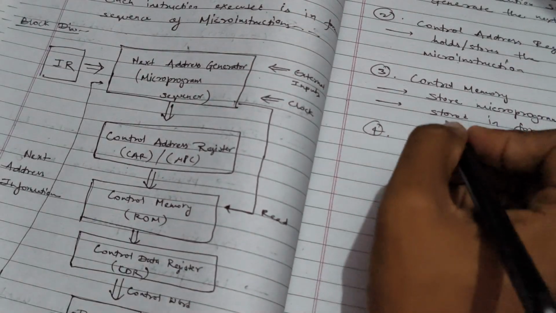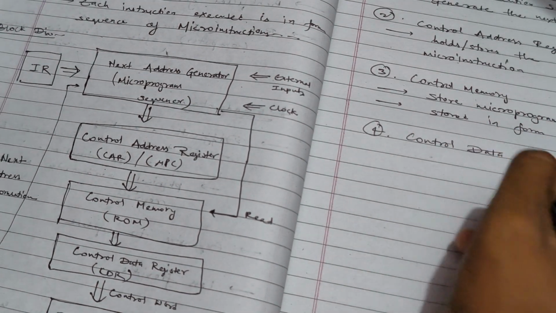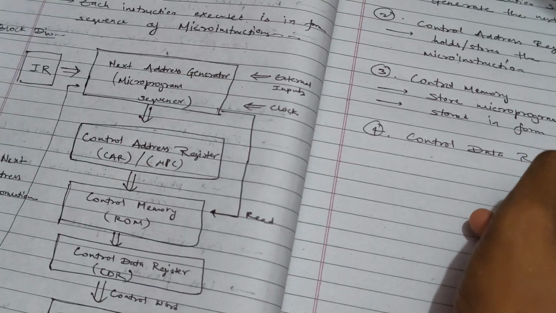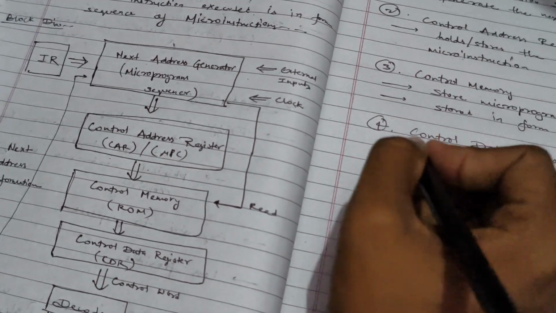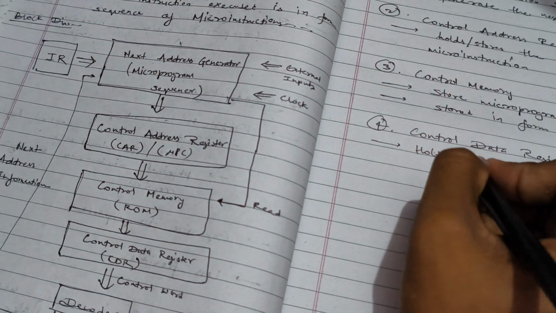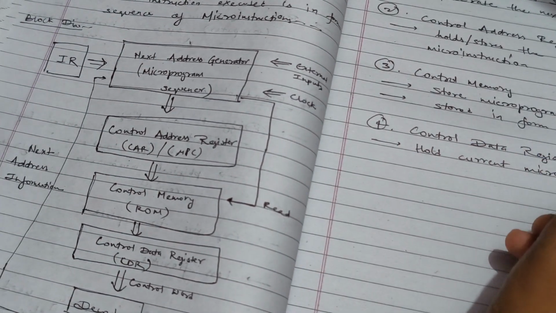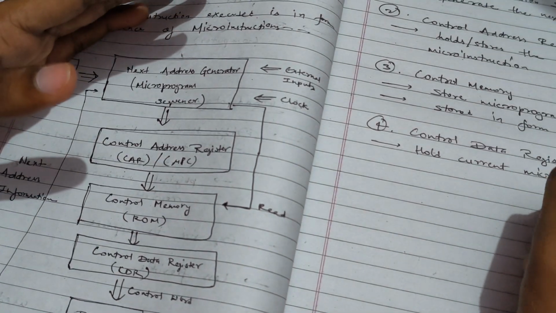Next in the list, we have the control data register, which is used to hold the current microinstruction which is going on. So these were the major components.